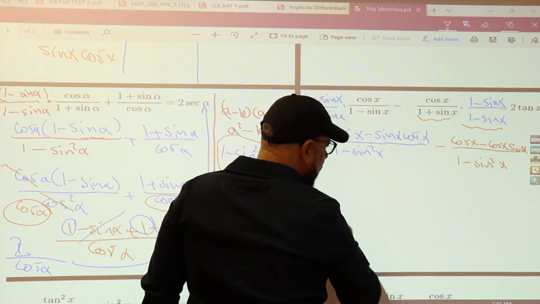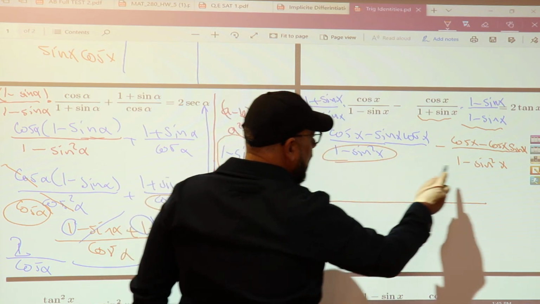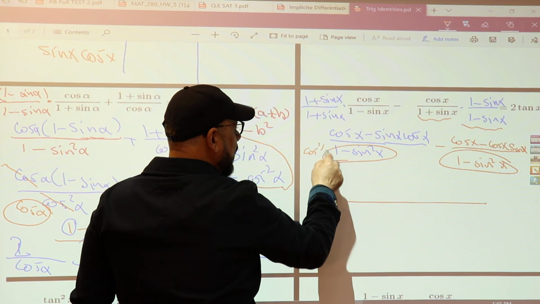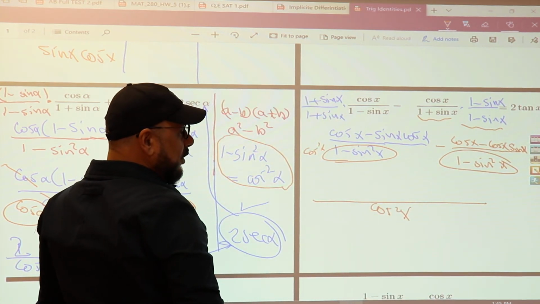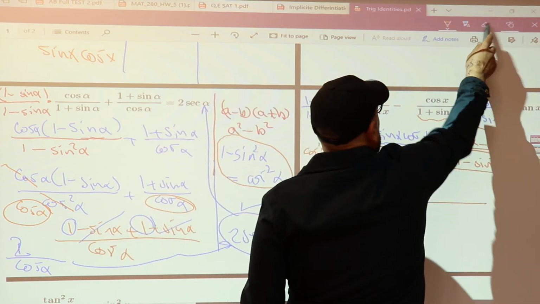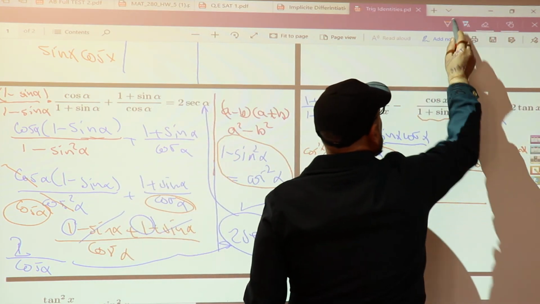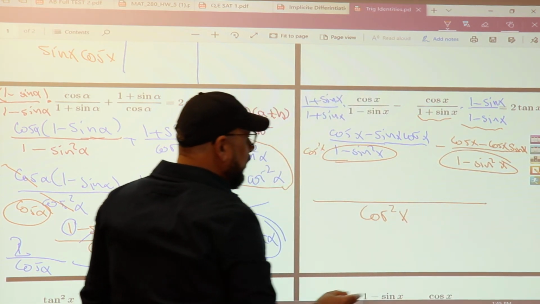Then we're going to have one denominator, which is from this cosine square and cosine square, right? Cosine square x. I don't know, my handwriting is very bad. Sorry guys. I'm going to try to fix it.